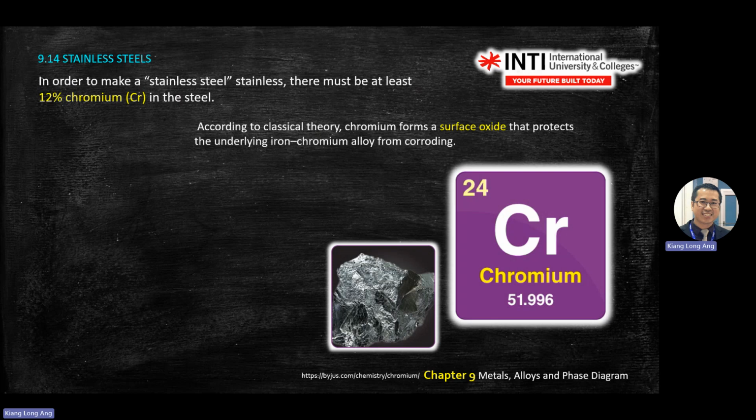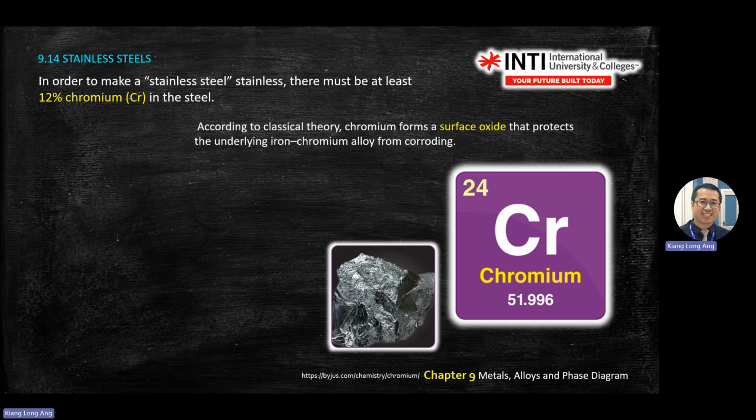Okay, another one is stainless steels. For stainless steels, don't forget chromium. What makes it either non-stainless steel or stainless steel is this percentage of chromium. If you have chromium, sure it is part of the stainless steels. You want to make stainless steels, you add chromium. Chromium is Cr.